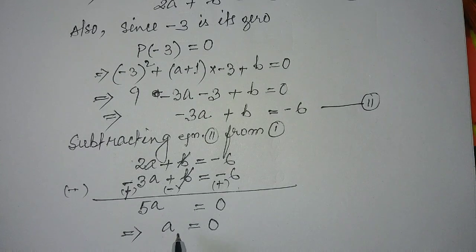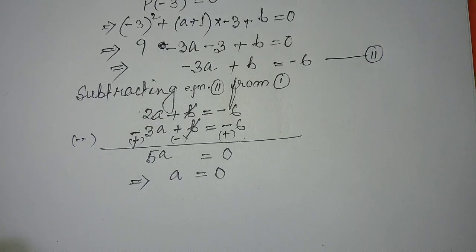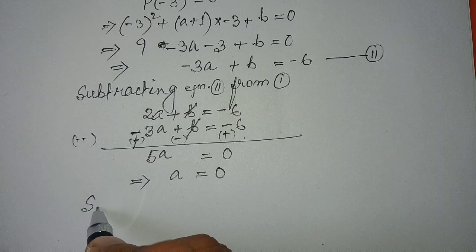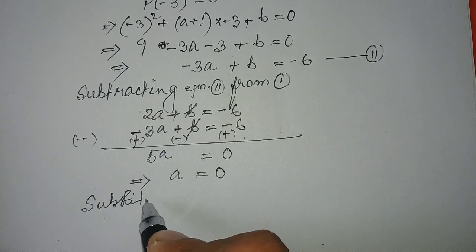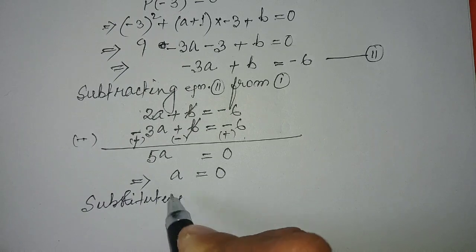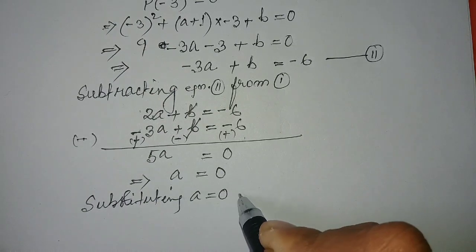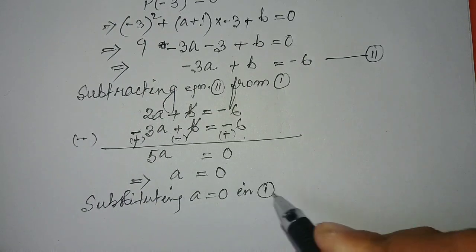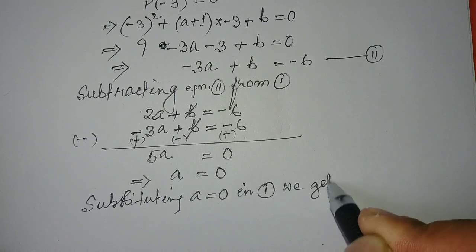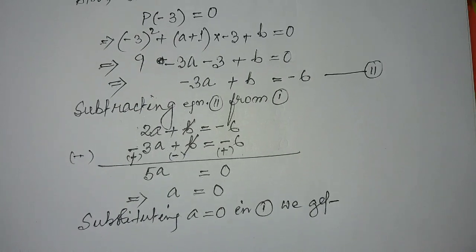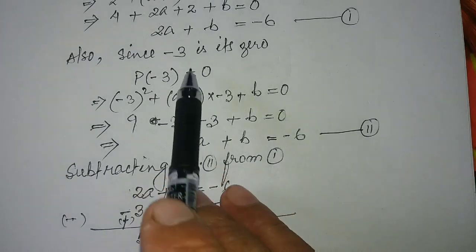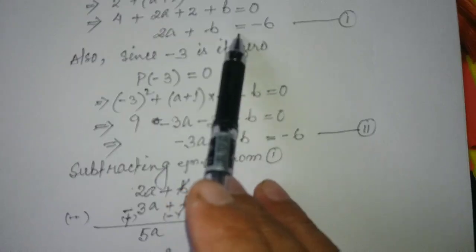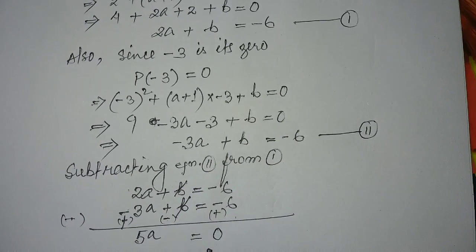Now we're going to substitute this value in either equation 1 or 2. I'm going to substitute in equation 1. Now equation 1 is 2a plus b is equal to minus 6.